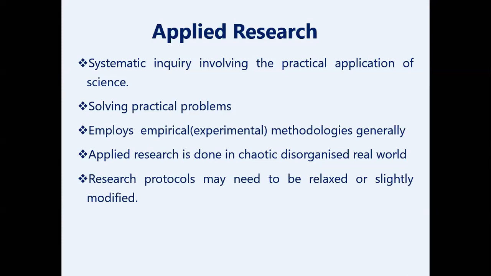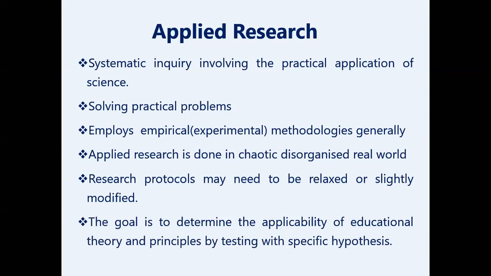Okay. Now, the goal is to determine the applicability of an educational theory principle by testing with a specific hypothesis. In this statement, 3 things are considered. First, you have to read the principle and the mechanism given by your conventional or traditional mechanism. Next, when you are testing the principle, all the parameters have to be considered, both the ideal condition and your practical condition.